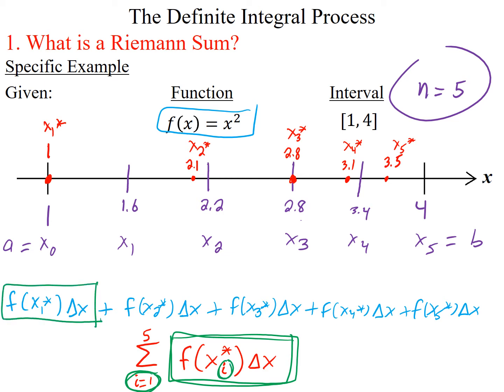So now you change every i you see in this expression here to 2. And again, this is the only i you see, so it would become f of x2 star delta x. That would be this term. Then you increase it to 3. So again, every i you see here, we only see this little one here, you would change it to 3, and then you just read the whole thing. You would say f of x3 star delta x. That's this one. Then you change it to 4.